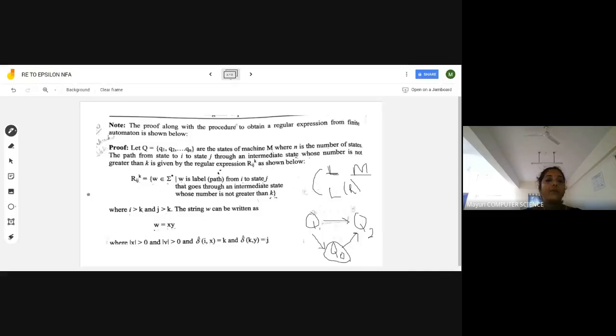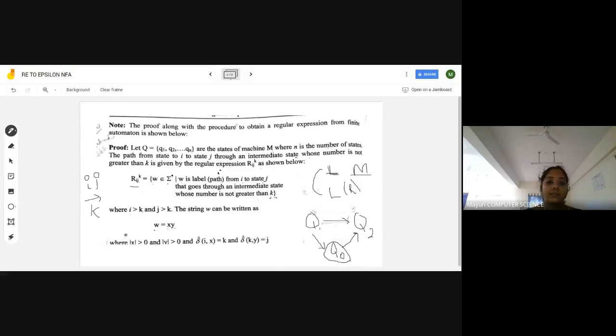So now, how do you represent Rij, the path from the state I to J through an intermediate state? Consider your initial state is I, your final state is J, and you are going from I to J through the intermediate state called K.